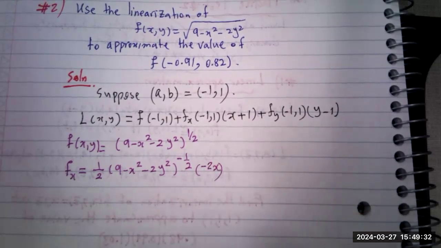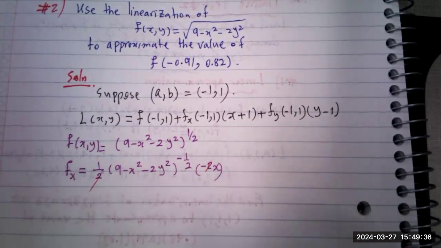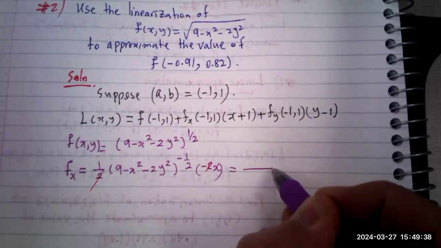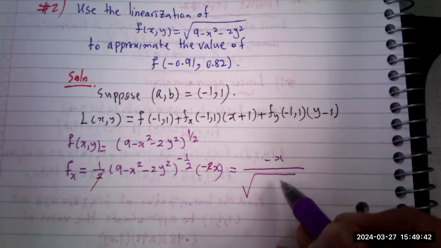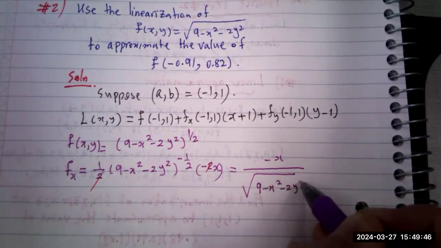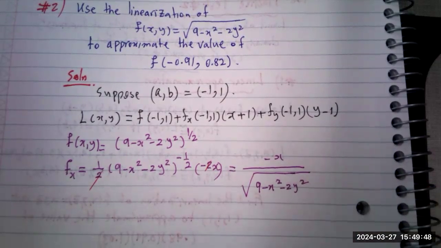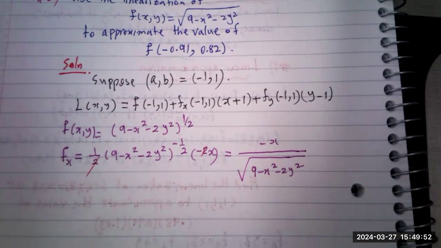Then you can simplify the 2 and -2 and rewrite this, and that gives you something like -x on the top, and you have the square root of 9 minus x squared minus 2y squared on the bottom.